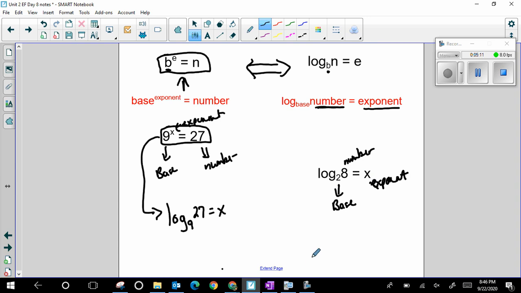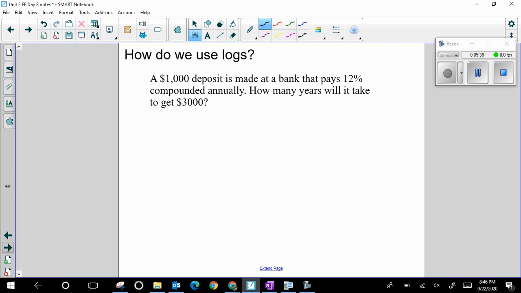Over here, if you want to take the logarithm and change it back to exponential, your base is 2, your exponent is x, and the number is 8. So it's called do undo. So these two things are simultaneously the same idea. They're just inverses of each other. So basically that's what we do to solve a logarithm, or solve an exponential.